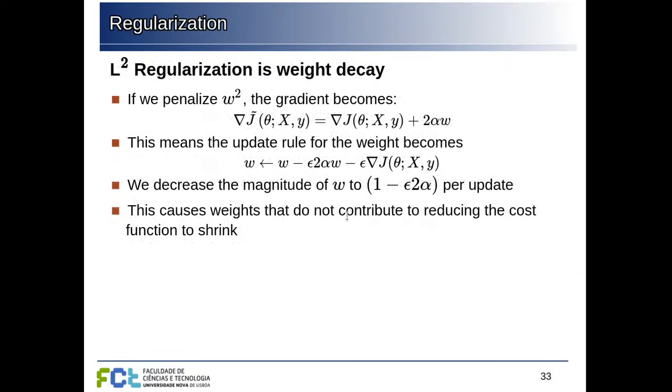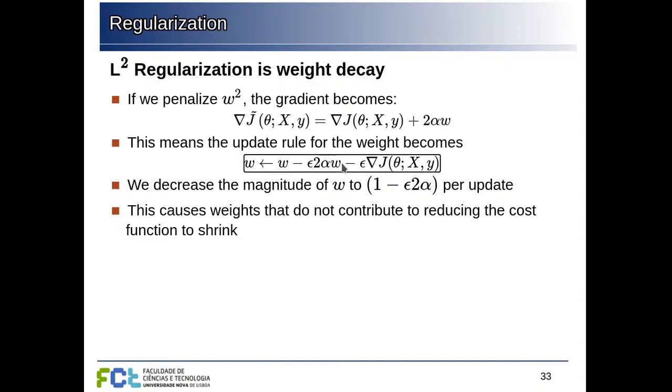So the update rule for the parameter, since we are sliding down the whole cost function, is to subtract from each weight, in addition to the information coming from the gradient, a fraction of the weight.